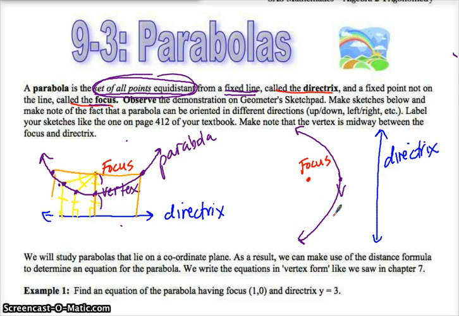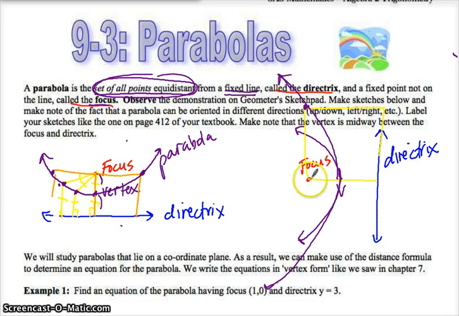Now my sketch is not very good, I would say. You're probably thinking the same thing. Because if I'm using that box method, here's this distance. If I went out and made a square, this other purple dot should be way out here. So my parabola should look more like this in this case.